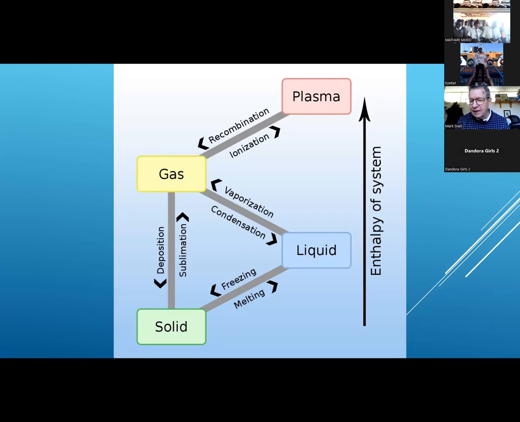It looks like ice, but it's solid carbon dioxide and it does not melt, it goes straight to a gas. That is subliming. But to turn gaseous carbon dioxide into the solid, we have to go down to -78 and we have to deposit it. So the solid sublimes to make a gas, the gas deposits to become a solid. All the other ones I'm sure you know. They will be in this PowerPoint, which I will be sending to your teachers anyway.